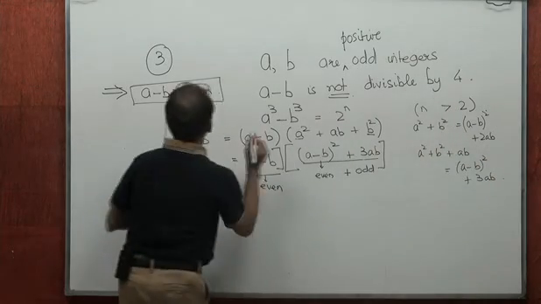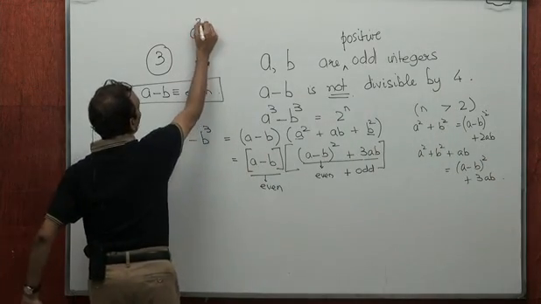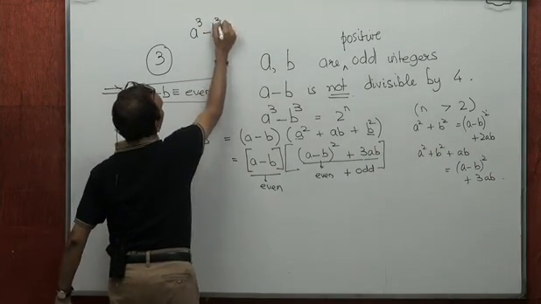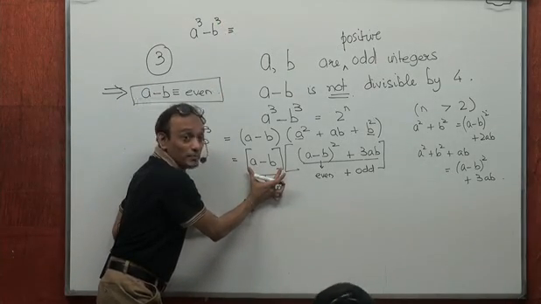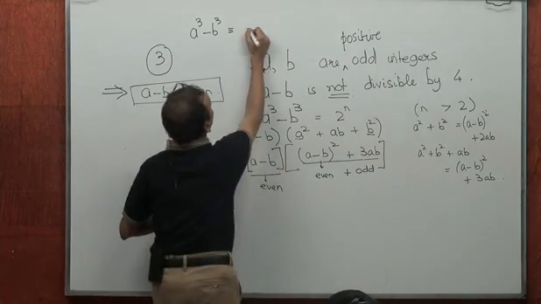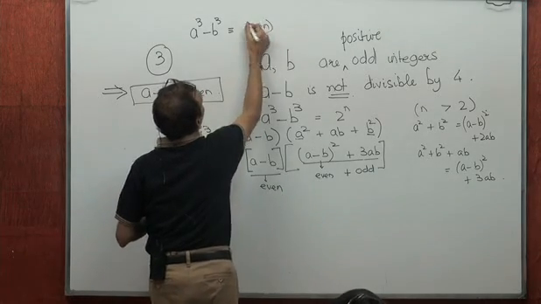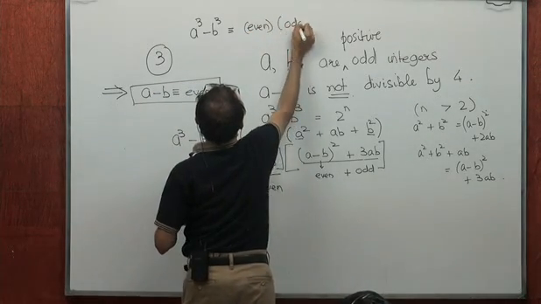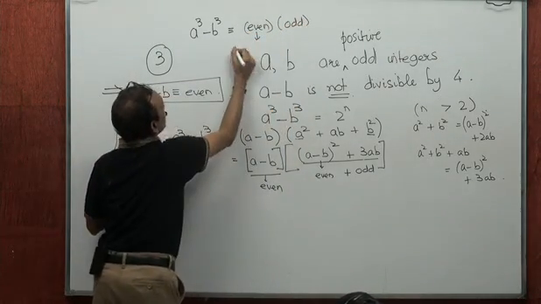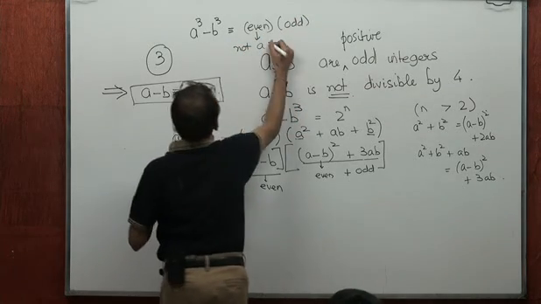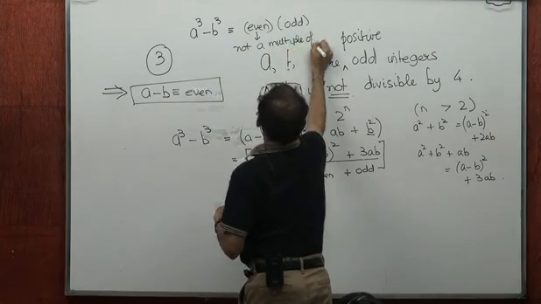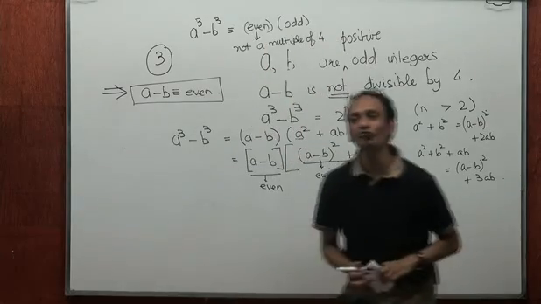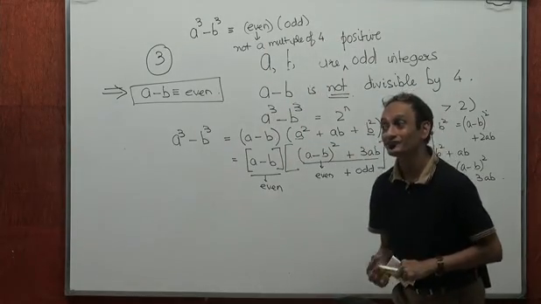So then this A cube minus B cube that we have is an even number which is not a multiple of 4, times an odd number. This even number is not a multiple of 4, is it not?